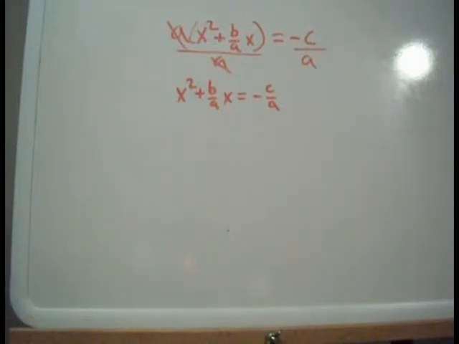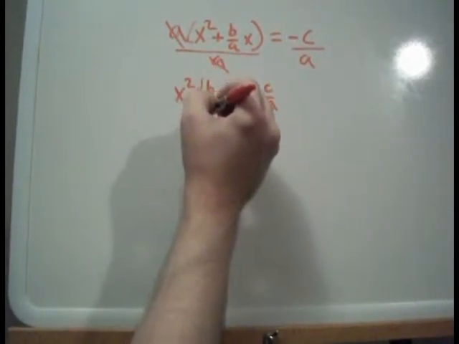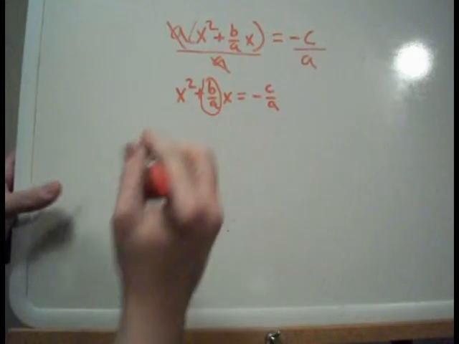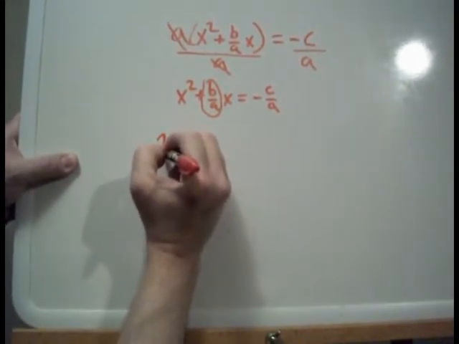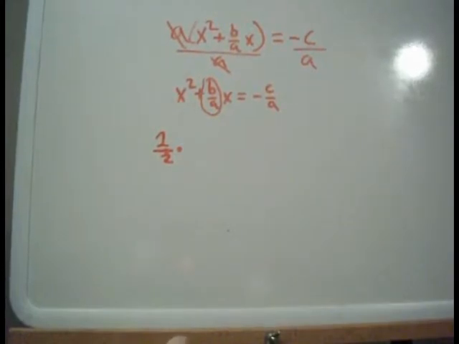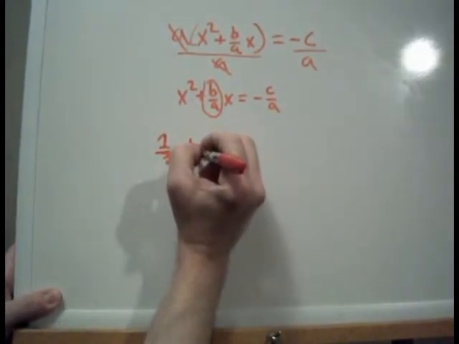Now, they have a little thing here called completing the square. How do we complete the square? Well, we're going to take this coefficient right here, that one right there, and multiply 1/2 times b over a.